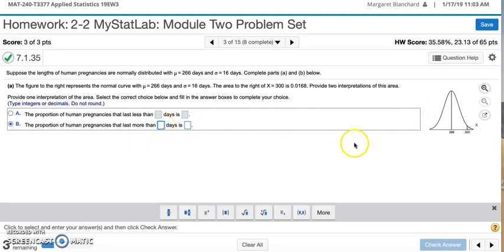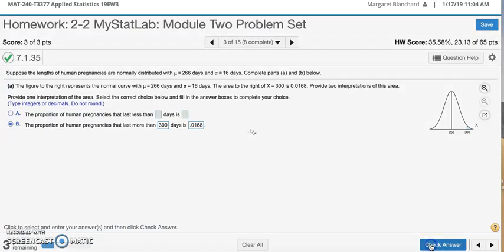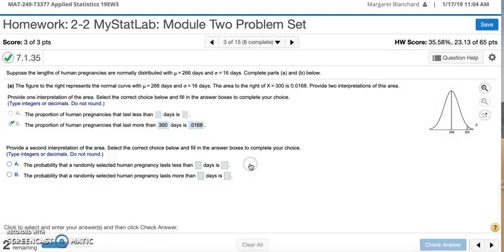That is definitely our option. Again, we're looking at this area that's more than 300. So we had 300 days, and that proportion is 0.0168. Check answer. Excellent.